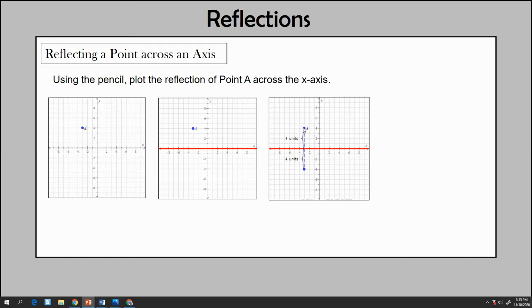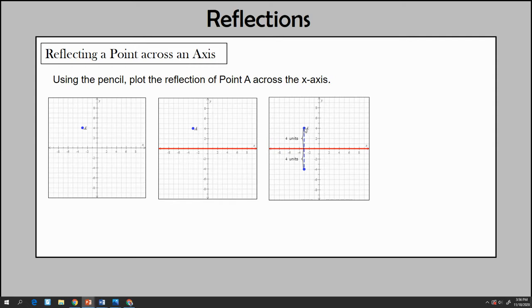If you look at this, if I go from A to the x-axis, I go 1, 2, 3, 4 units. I want to travel away from the x-axis in the opposite direction, 1, 2, 3, 4 units. I also want you to notice that this line is perpendicular to this line. So when you move to the line and away from the line, it's got to be perpendicular.